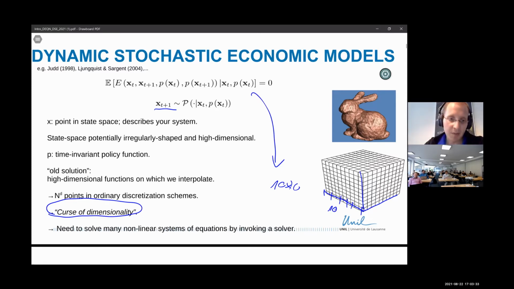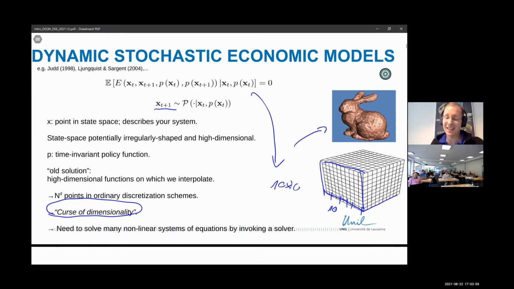And then there are other problems that we often face in economics. We want to find a global solution to our model, but the ergodic distribution may not even be on a hypercube. So there are plenty of models. Here I'm making a rabbit, so now just imagine the ergodic distribution of your model looks like a rabbit.